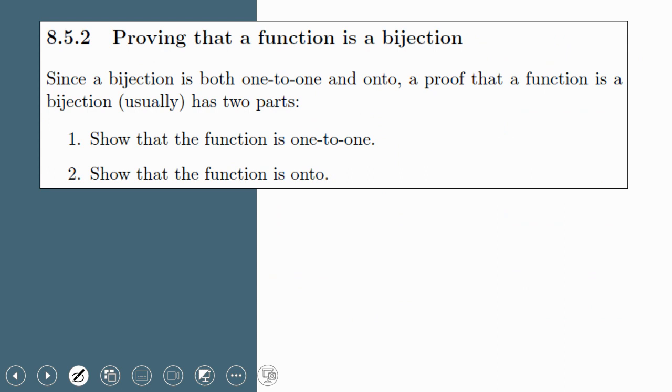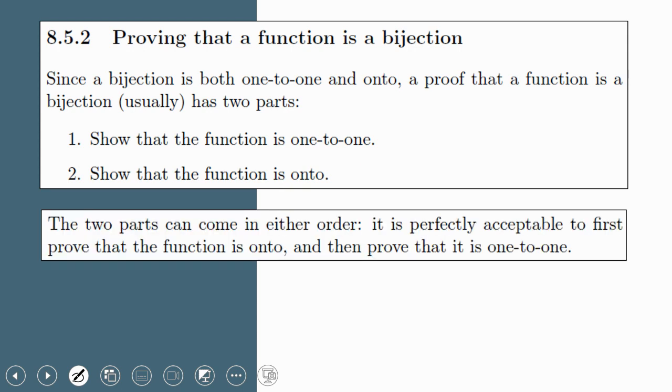Proving that a function is a bijection. Since a bijection is both one-to-one and onto, a proof that a function is a bijection usually has two parts. We show that the function is one-to-one, and we show that the function is onto. The two parts can come in either order. It is perfectly acceptable to first prove that the function is onto, and then prove that it is one-to-one, or vice versa.